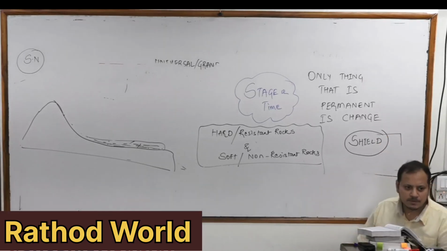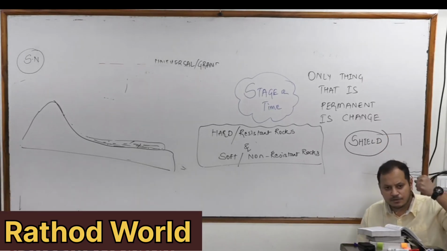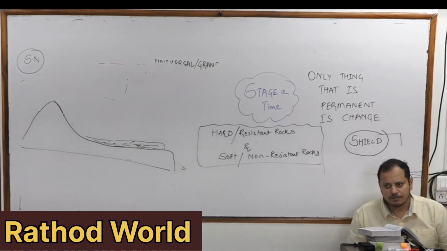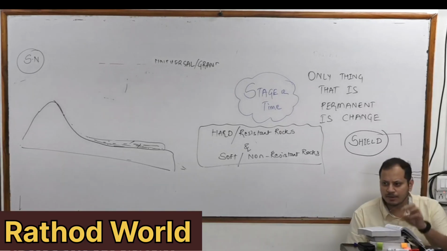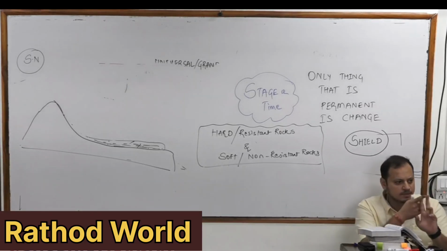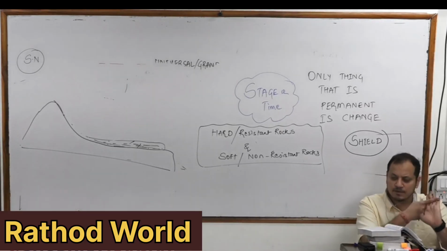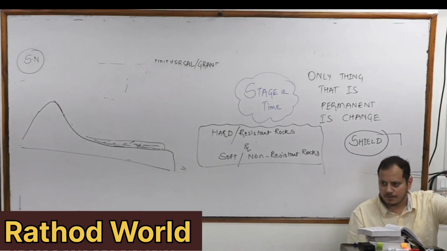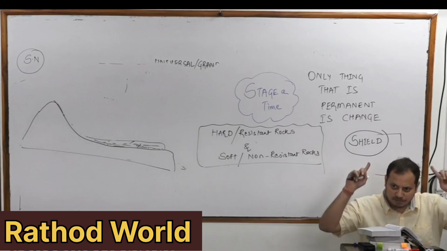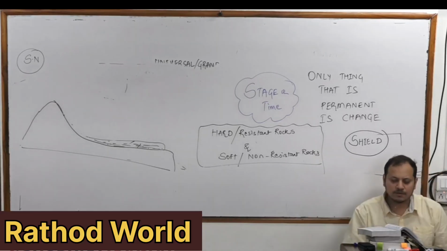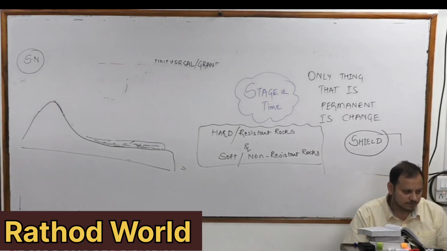Shield matlab dhal in Hindi. One you used to protect yourself from the sword in the battle. Peninsular plateau is an example of shield. World mein there are only few shields. One is Australia, one is Peninsula, one is Africa, one is Brazil, and other is Canada and Siberia. These are the major shields of the world. Matlab these are the oldest rocks of the world, which is termed as shield.